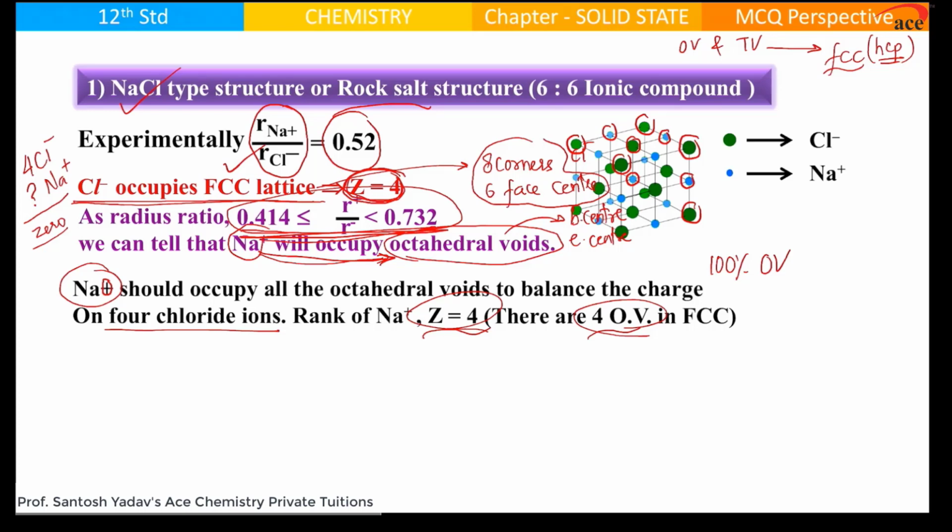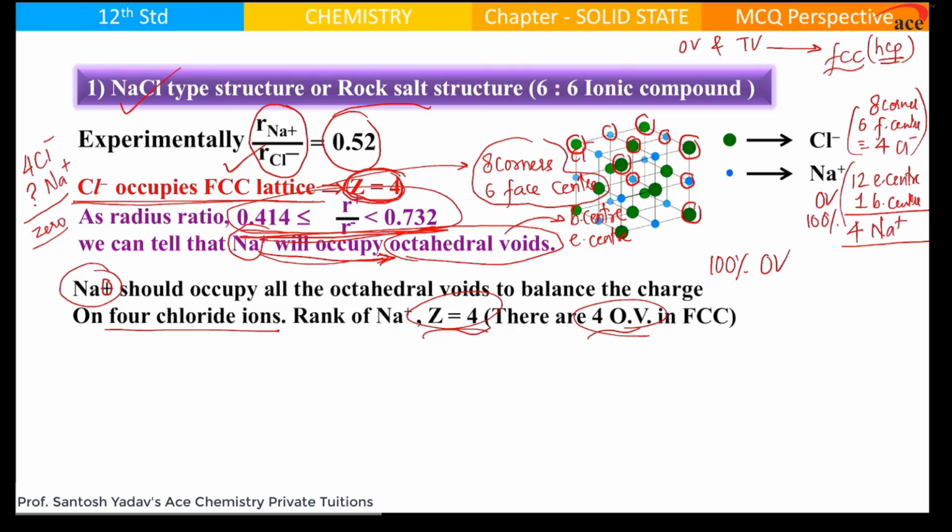Conclusion: Cl minus makes up 8 corners and 6 face centers, which stand for 4 chloride ions as per contribution, and Na plus occupies 12 edge centers and 1 body center, that is octahedral void, which stands for 4 Na plus ions.